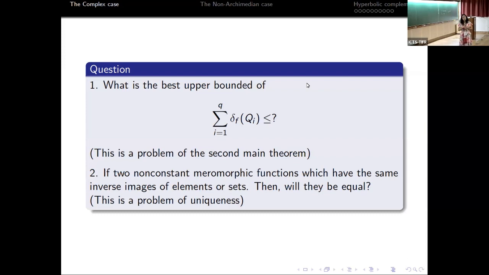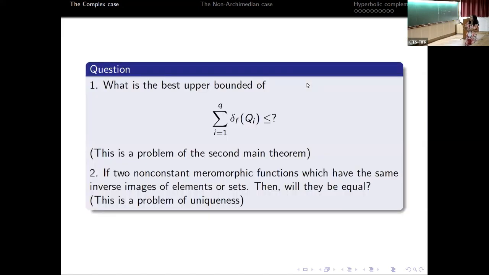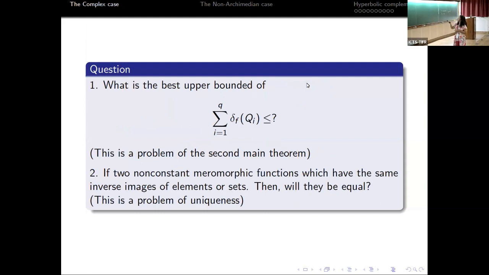The first main theorem is almost done in any case, but for the second main theorem, there are still many things open. The question here is, they want to know what is the upper bound of this sum. Of course, we can say this is at most q, because every delta is smaller than or equal to 1. So taking the sum over q points, of course it's smaller than q, but we want something better, right?